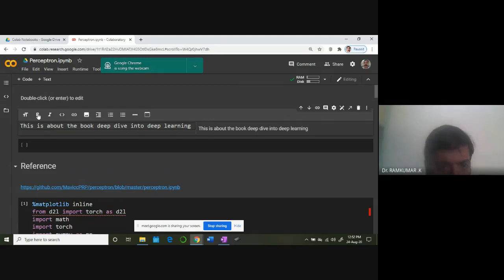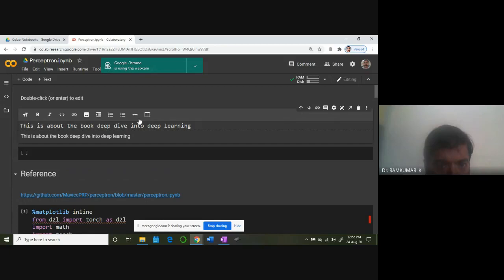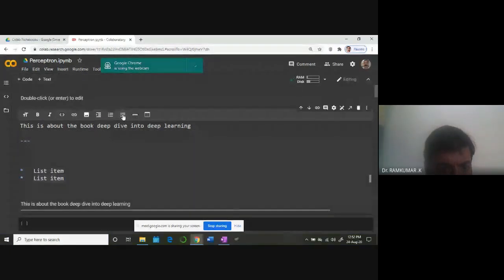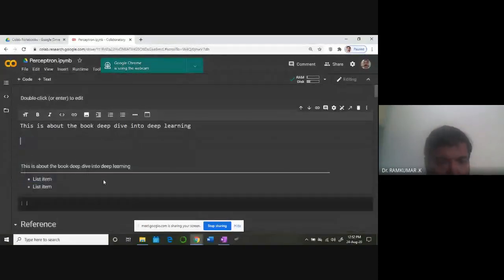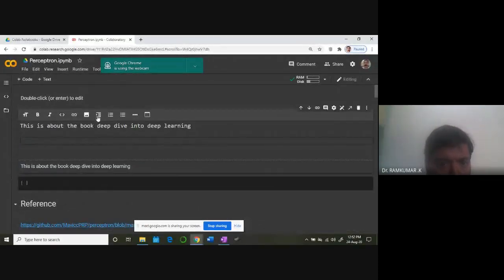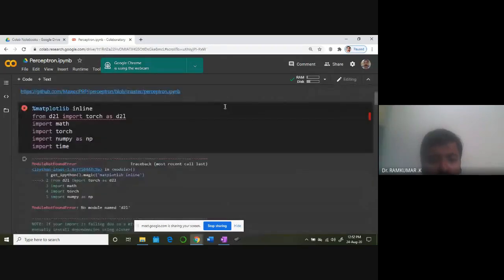You can learn this one by one. There is provision for list items. One by one you can go through and try to utilize this facility. Okay, Google Colab.